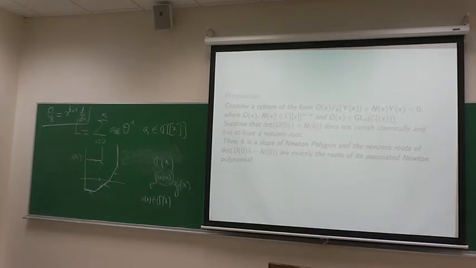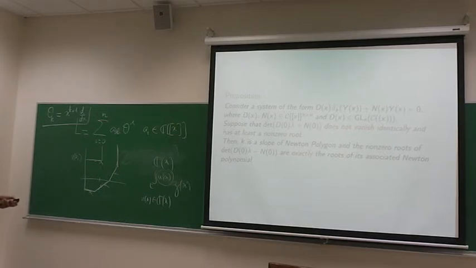If the determinant of this matrix pencil does not vanish identically in lambda, and if it has at least one non-zero root, then k is a slope of the Newton polygon of the system, and the non-zero roots of this determinant are exactly the roots of the Newton polynomial associated to the slope of the system. Now remember that this Newton polynomial is not given from the outside on the system.